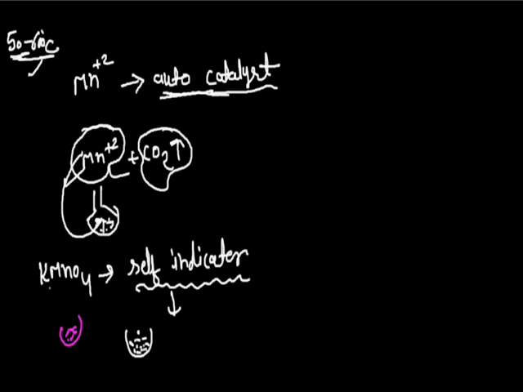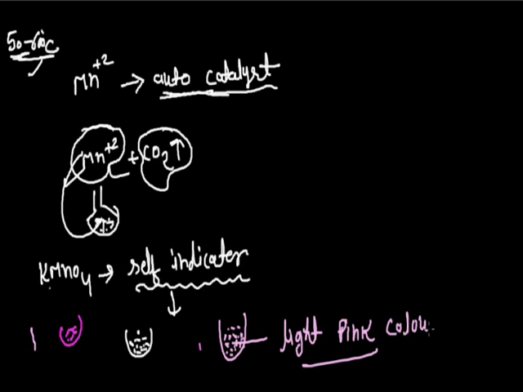Exactly, light pink is this type, the lightest pink color. So a very dilute solution of KMnO4 gives this type of light pink color. And when we observe this light pink color in the solution, we say that our endpoint has come.